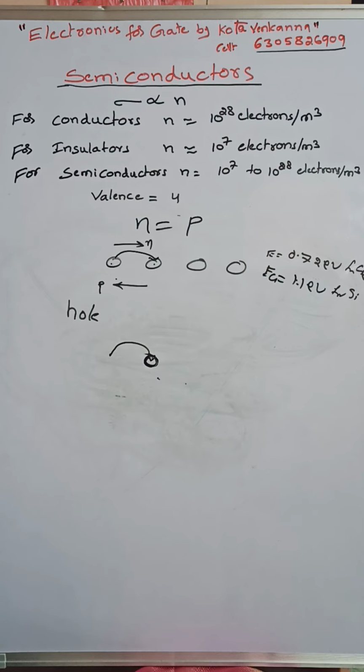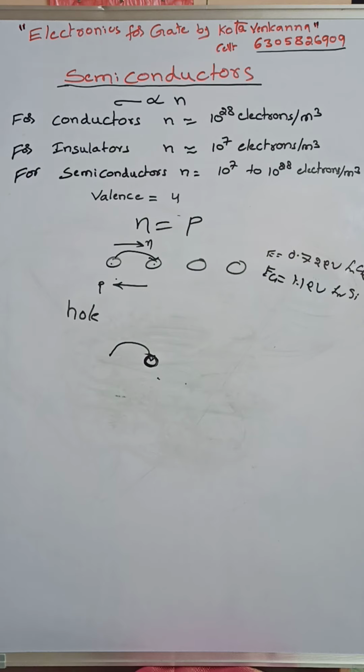So this is about semiconductors, and in the next class we will discuss the conductivity of a semiconductor. From the GATE point of view, the bits covered in this topic are: first, conductivity is directly proportional to the concentration of free electrons.